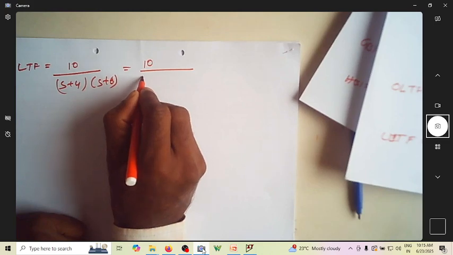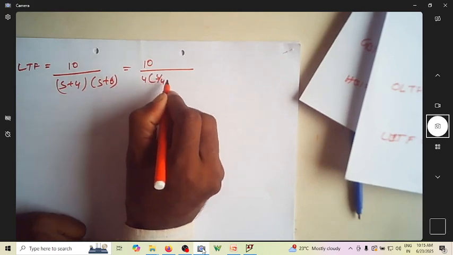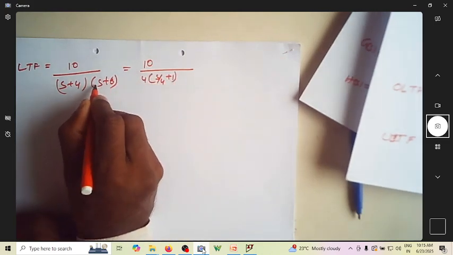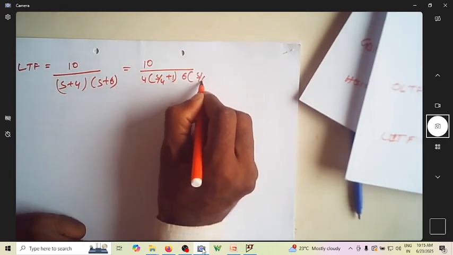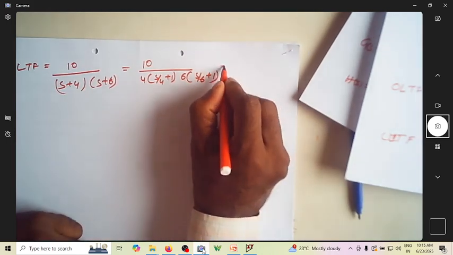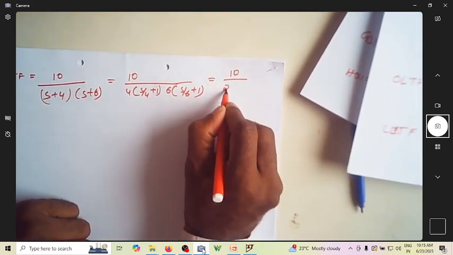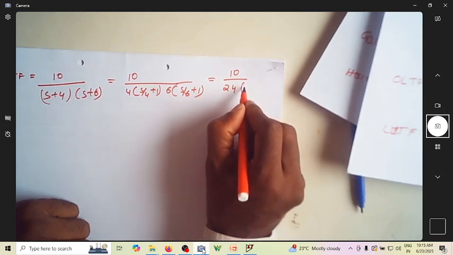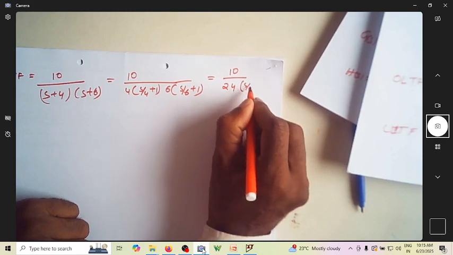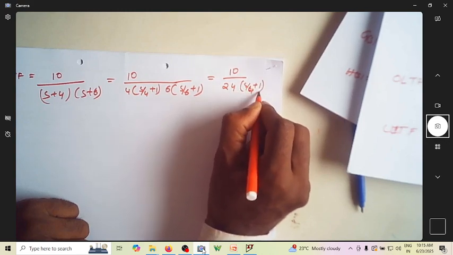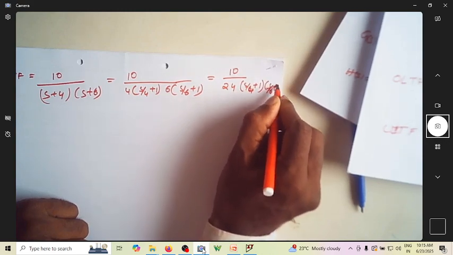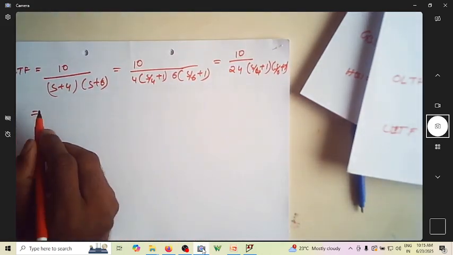When I take 4 outside, it becomes s by 4 plus 1. When I take 6 outside, it becomes s by 6 plus 1. So this becomes 10 by 24, with (s by 4 plus 1) and (s by 6 plus 1).